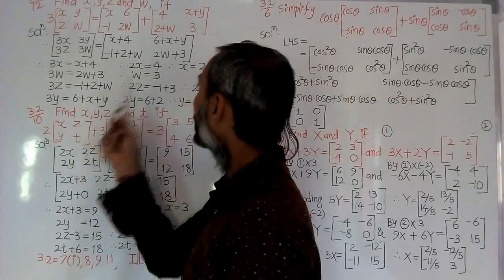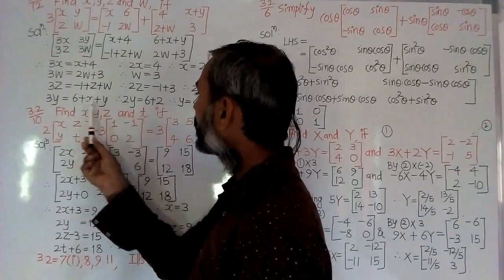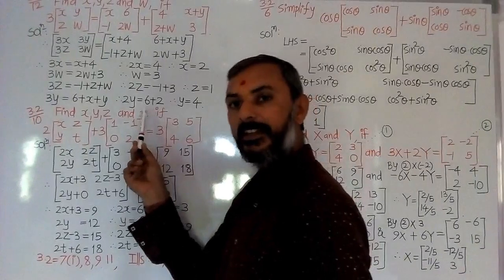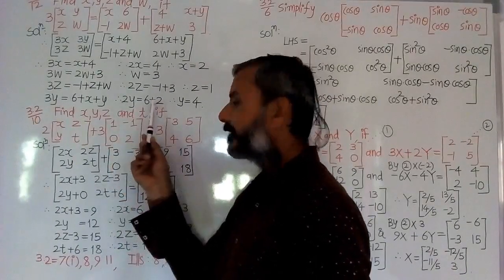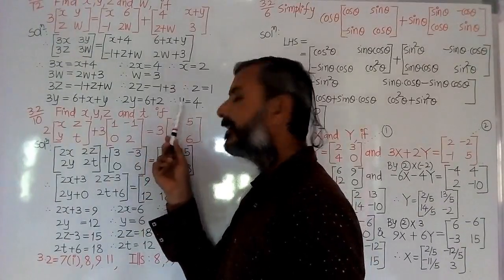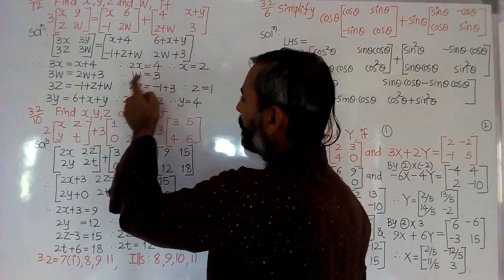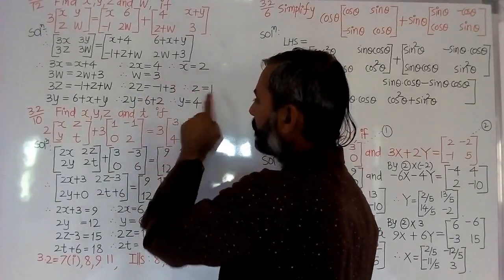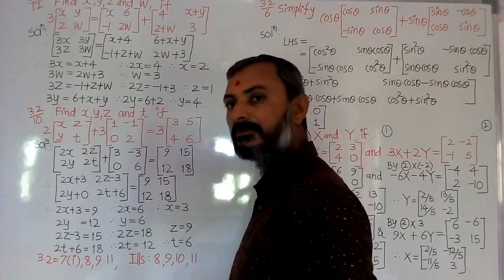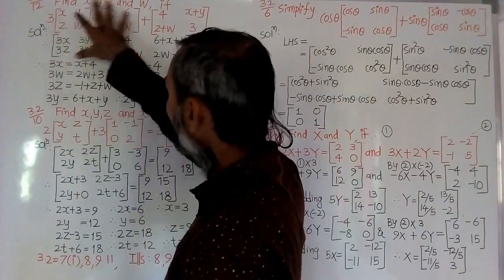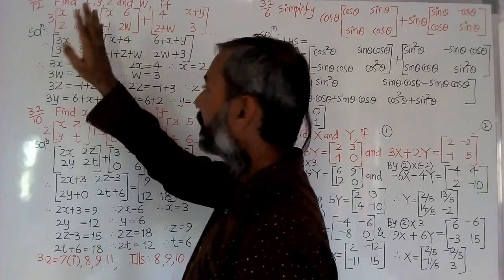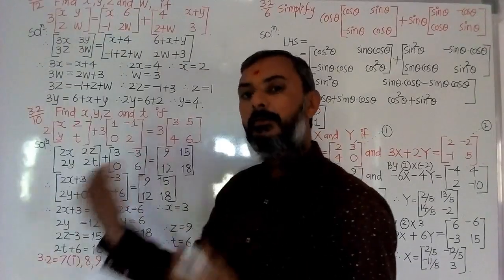But what is x? x is 2. So 6 plus 2 here. This is 8. So 2y equals 8. So what is y? 4. Very simple. x is 2, w is 3, z equals 1 and y equals 4. Simple. Use your knowledge of scalar multiplication, addition and comparison.